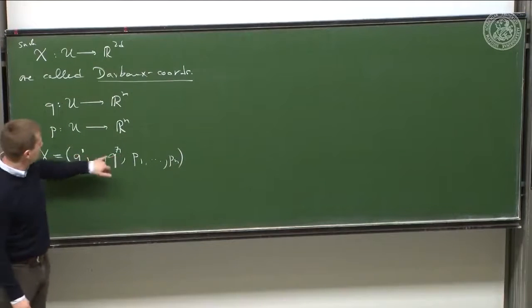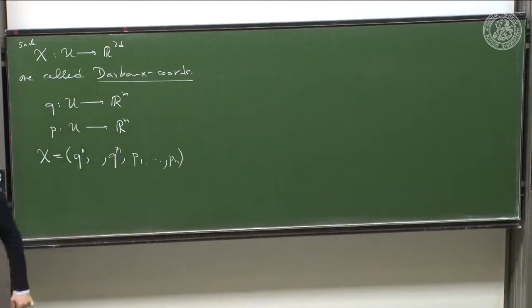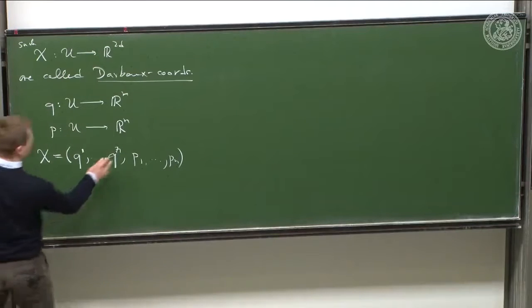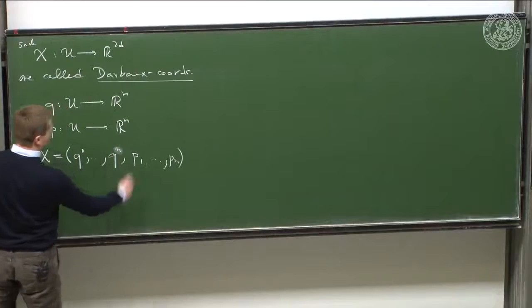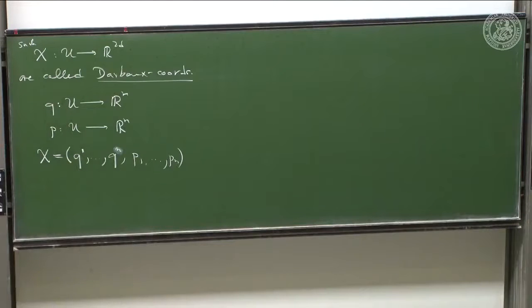We agree to label those up and those down, and this is just a convention, but by now you have a feeling for why we would like to do that. So the usual QP split has to do with having these Darboux coordinates. This is just a name for these 2 different parts of the coordinates.